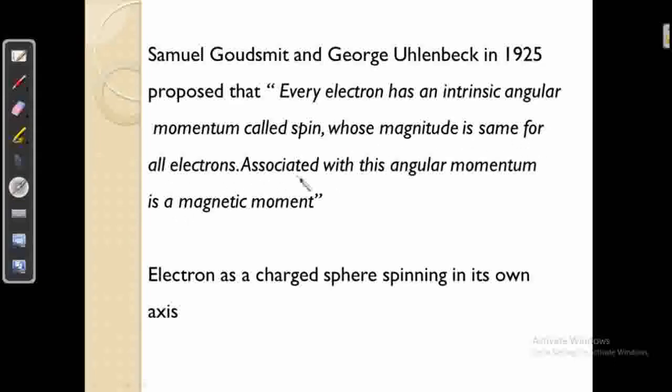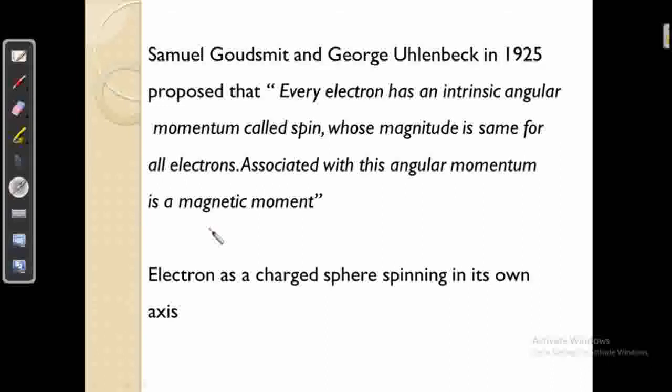Associated with this angular momentum, there is a magnetic moment. So they proposed the concept of electron spin, an intrinsic angular momentum, and associated with it there should be some magnetic moment.